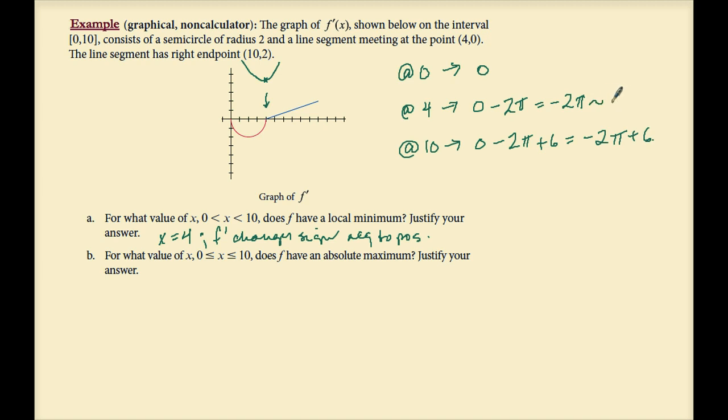Negative 2 pi is approximately negative 6.28. And negative 2 pi plus 6 is approximately negative 0.28. The largest value occurred at 0, so f has an absolute maximum at x equals 0. Why? Because it has the greatest function value of all of the possible places where the maximum value could occur.